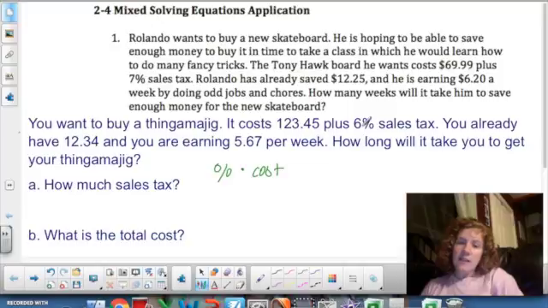So in this case, I've got 6%. I'm going to turn it into a decimal, so it's 0.06. And I am multiplying that by the cost of my item, which is $123.45.